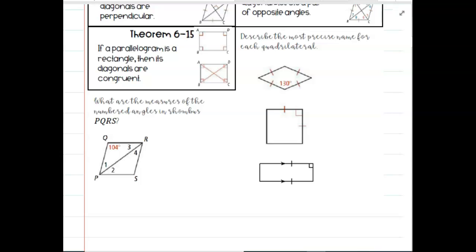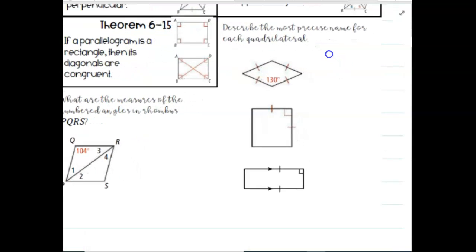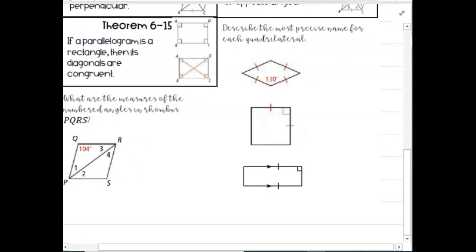Okay? So one of the things we're going to be doing today is looking at pictures and deciding what is the most precise name for each quadrilateral. So probably the least precise you could get would just be calling it a parallelogram. Okay? You can have a parallelogram that's not any of those. Then, kind of on the same level, you could have a rhombus and a rectangle, okay?